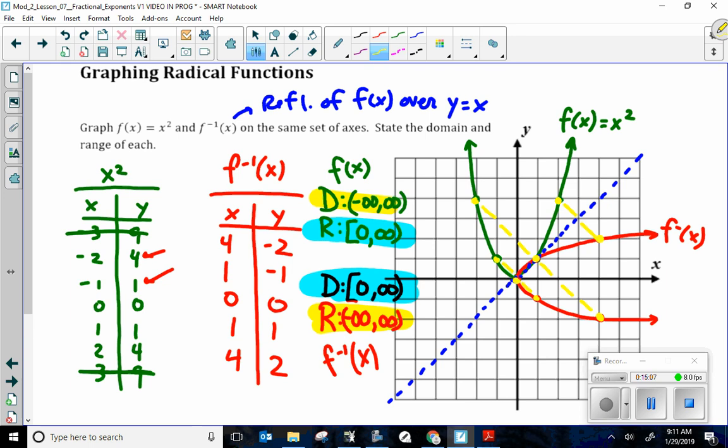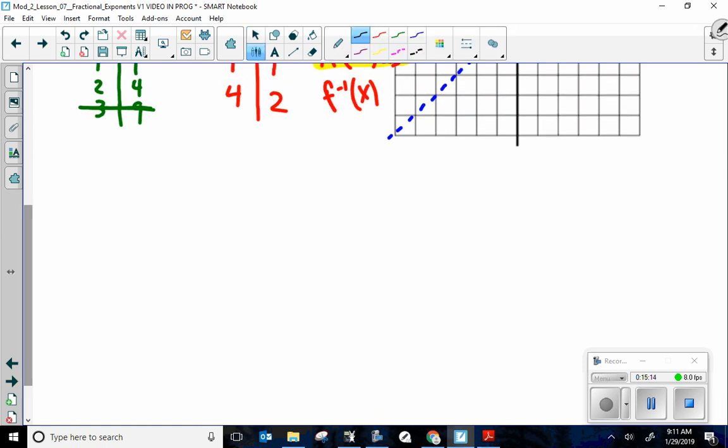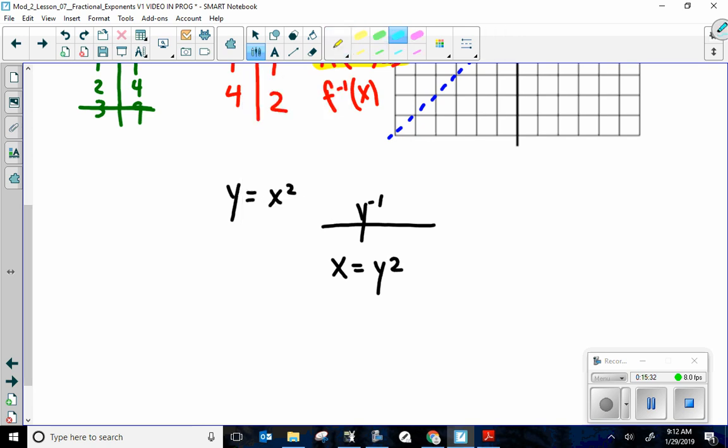And how would we do this algebraically, if they want us to algebraically find the inverse? Again, these aren't in the notes. These are just refreshers. If I have y equals x squared and I want the inverse, find y to the negative 1. Just like the table, I switch x and y. So I have x equals y squared. I literally switched my y and my x, not the exponent, just the variables.